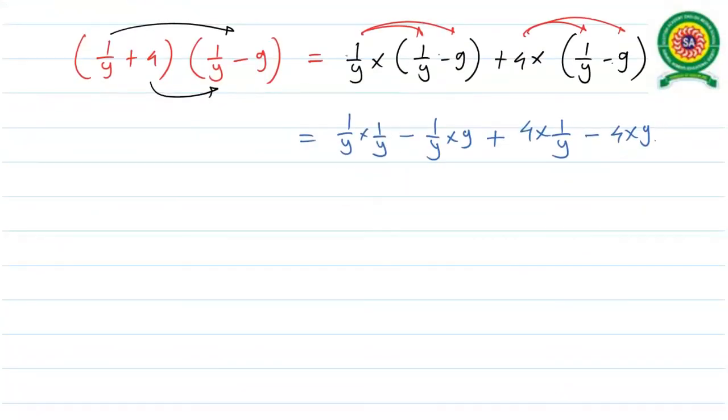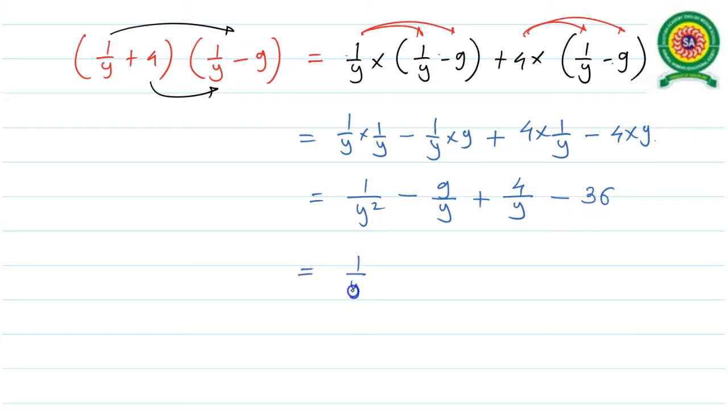So after simplifying, we have 1 ones are 1 divided by y into y as y square, minus of 9 ones are 9 divided by y, plus 4 ones are 4 divided by y, minus of 4 into 9 becomes 36.